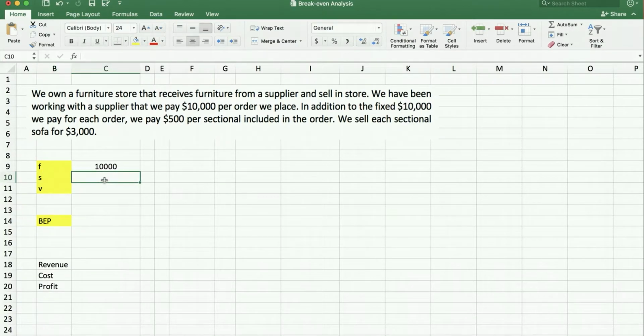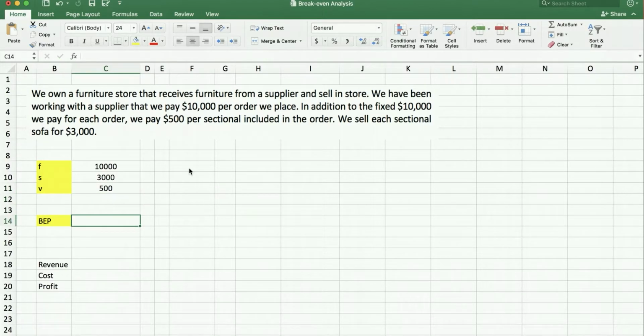S is the selling price, which is given in the problem statement that we sell each sectional sofa for $3,000. So the selling price would be then $3,000. And the variable cost V is $500. This variable cost depends on the number of items included in the order. And for each sectional sofa we are paying $500. Therefore, the V value is 500.